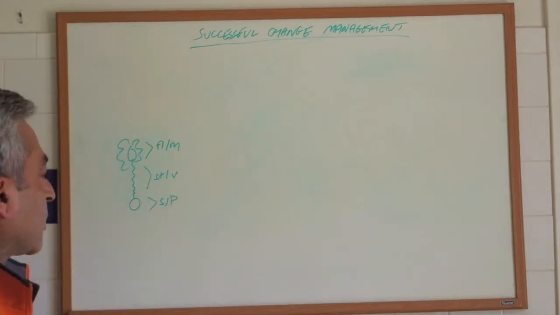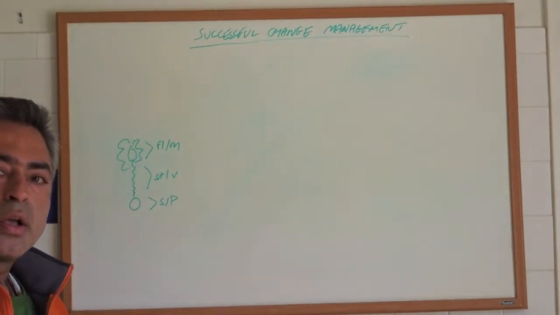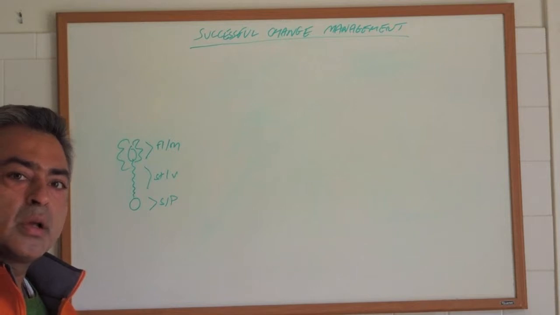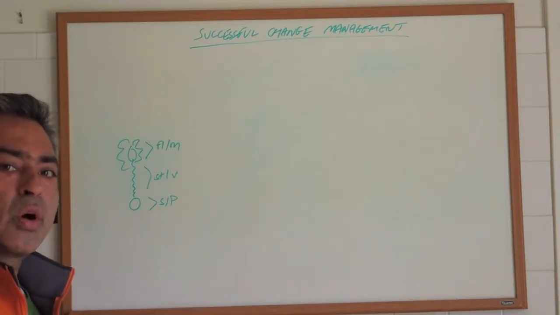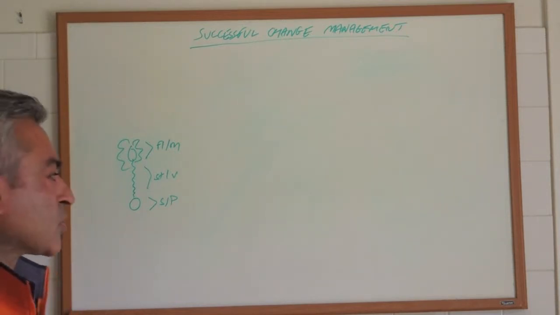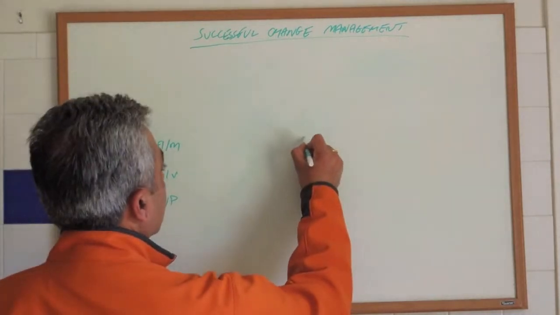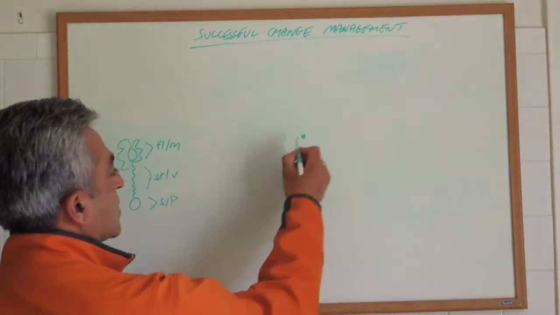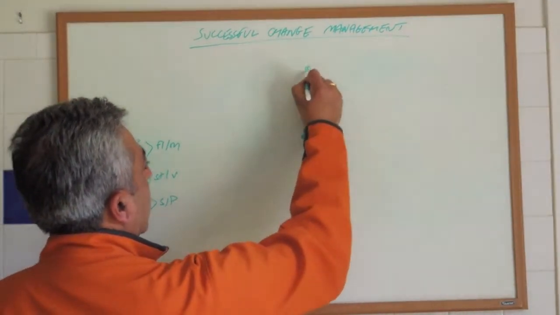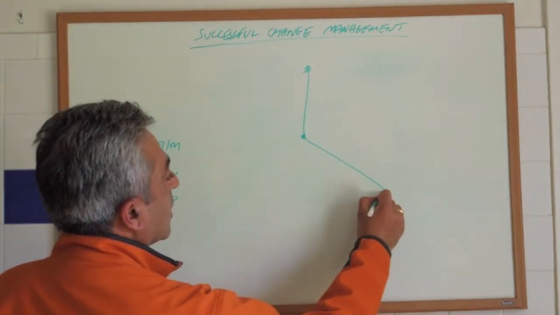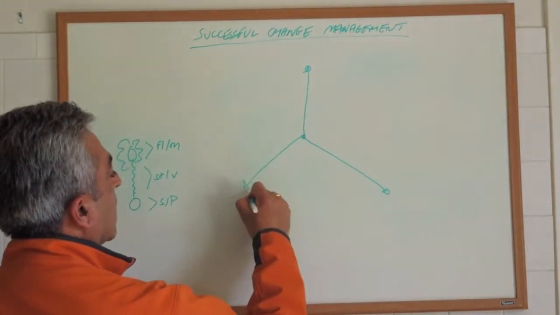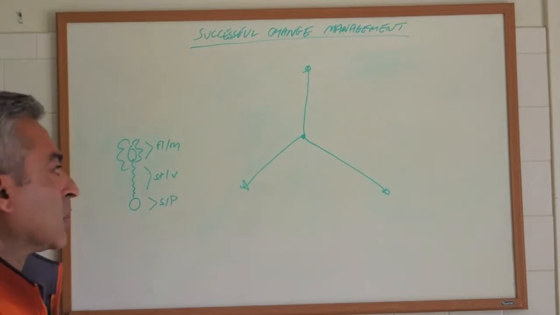So when we think about these three stages, they become the framework for a model for successful change management. What we'll do is take each of these stages and reflect it as a dimension in this model.